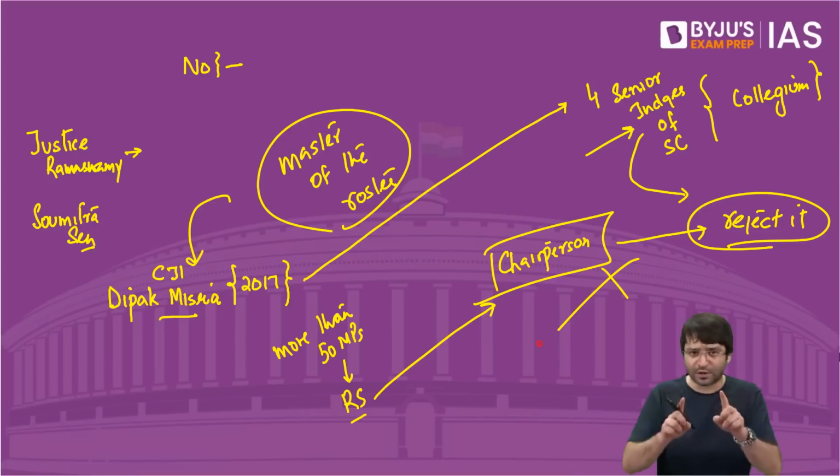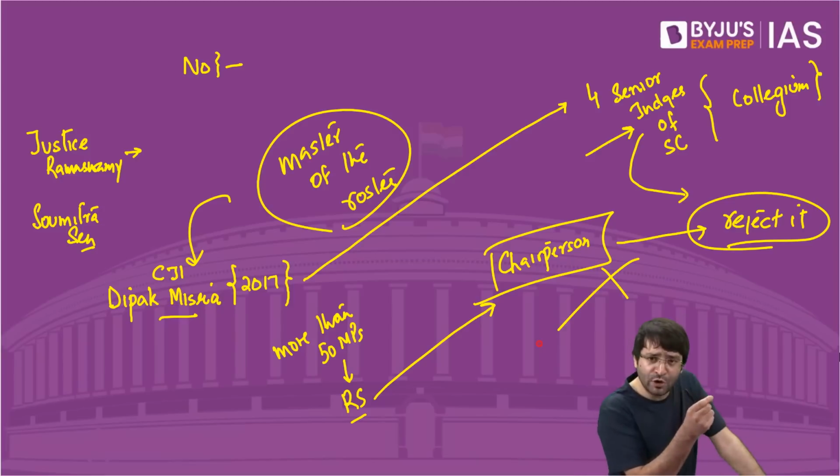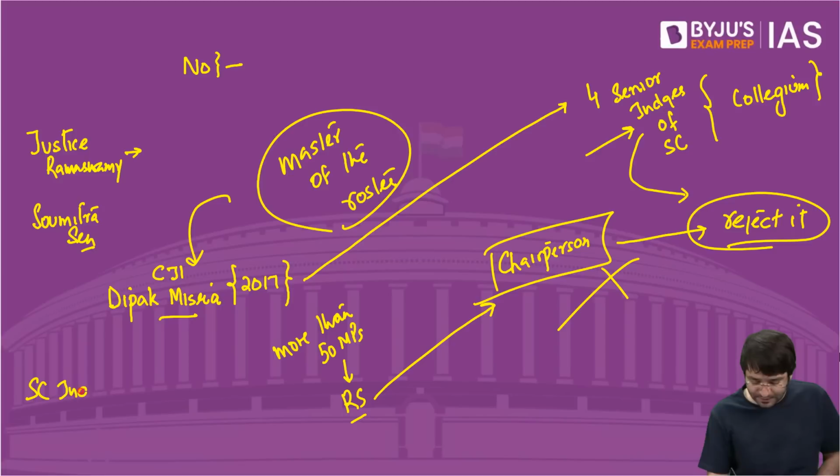Long story short, the judges of the Supreme Court and High Court do not hold office during the pleasure of the president. They remain in office till they complete a specific age. For a Supreme Court judge, the retirement age is 65 years. For a High Court judge, the retirement age is 62 years.